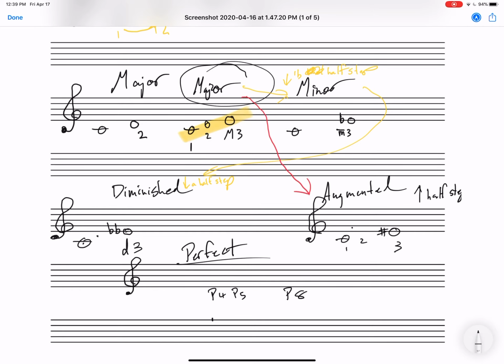The reason being is that no matter whether they're in a major key signature or within a minor key signature, they're always going to have the same relation to our tonic, or Do. It doesn't change from major or minor depending on the scale type. So we call those our perfect intervals.